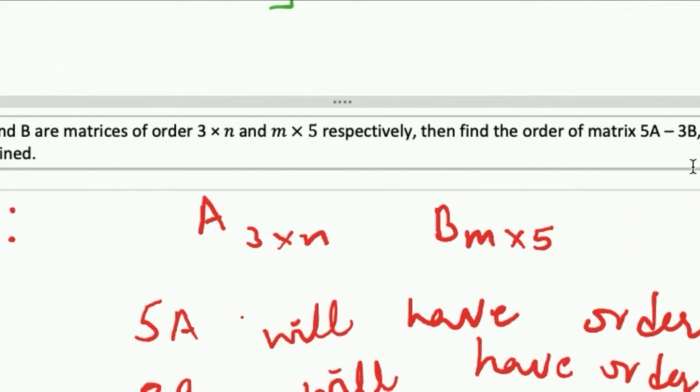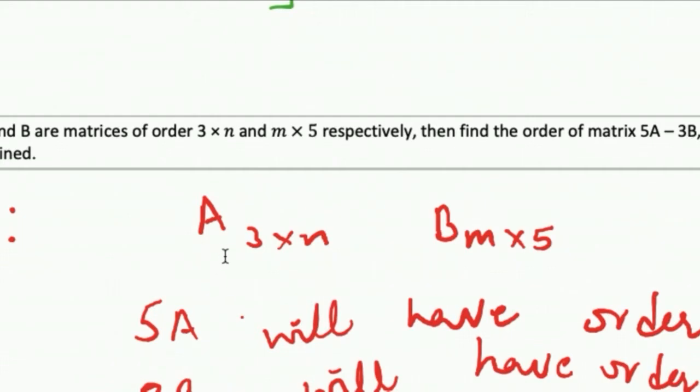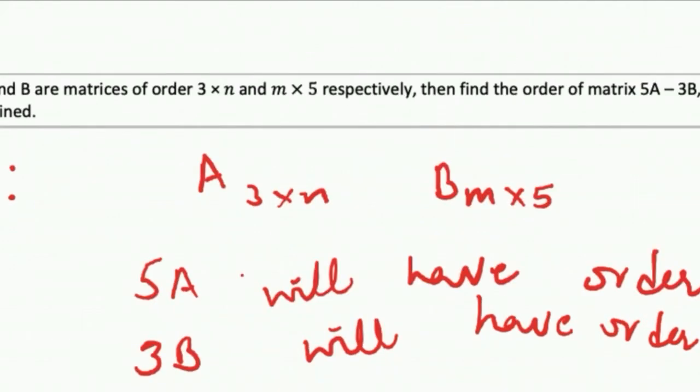Always for matrix addition and matrix subtraction, हमारा order same होता है matrices का. Order of 5a and 3b should be same. Now we will write A 3 cross n, B m cross 5. 5a, when you will multiply any matrix by a scalar, it has the same order. 3 cross n, it will remain same.